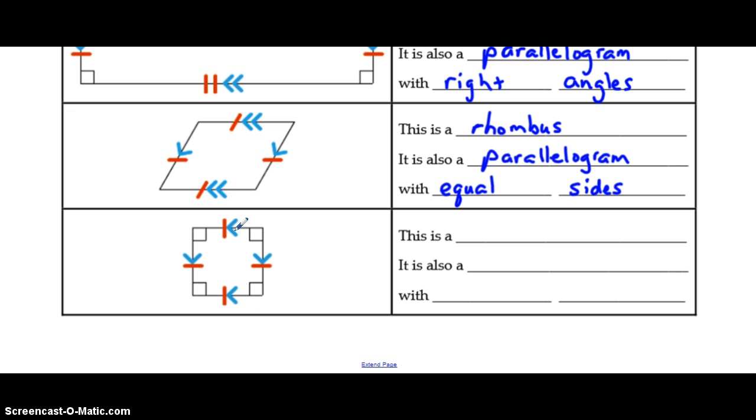And the last type of parallelogram is this little guy here, which you all know is a square. Now, a square is also a parallelogram. It has equal sides and right angles.